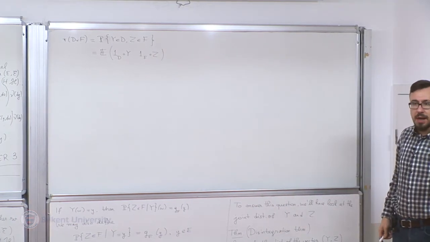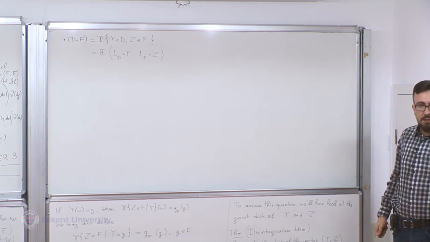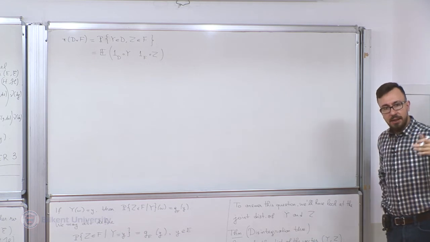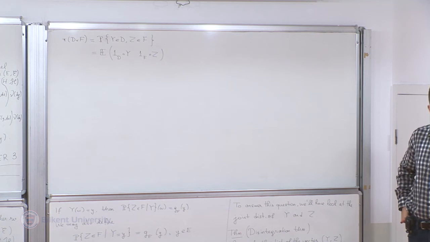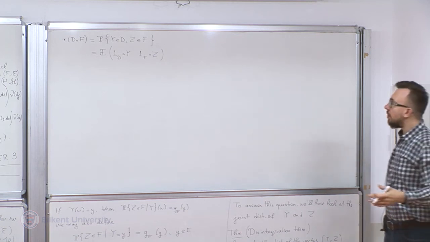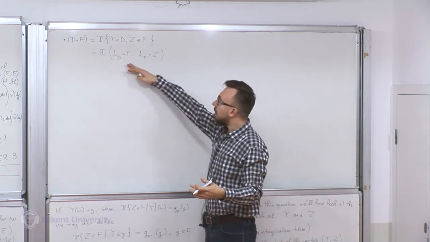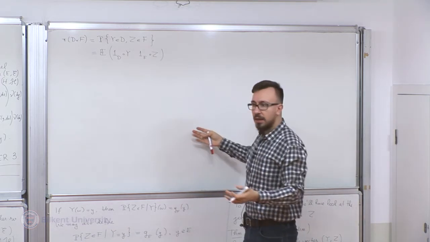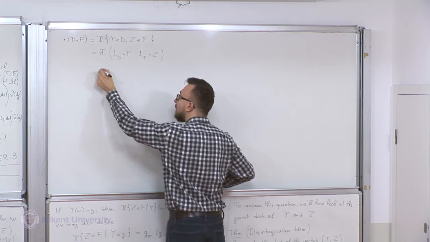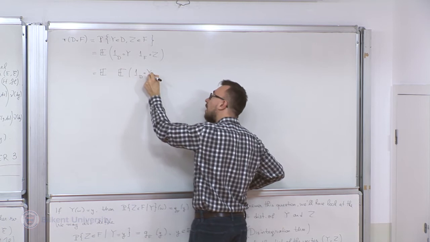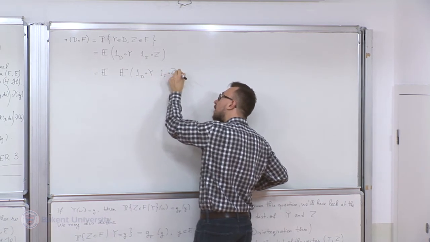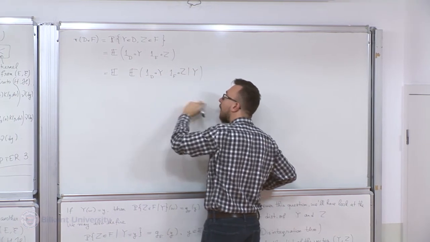So do you remember the tower property of conditional expectation? When you have a lot of conditional expectations nested, the one that wins is the one which contains less information. So this is an unconditional expectation. It contains no information. Therefore, I can rewrite it as the expectation of the conditional expectation given y.